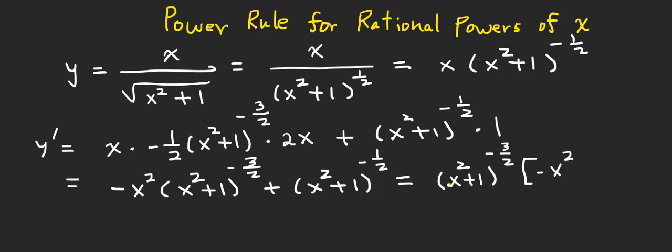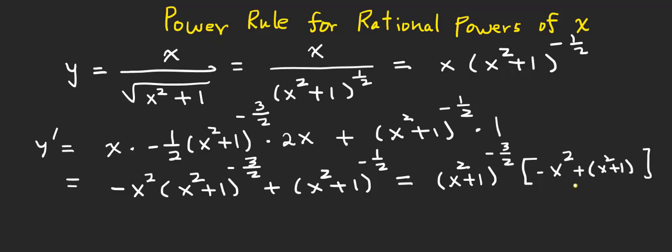And then this times what will give you this? Remember, when you multiply, you add up the exponents. So you end up getting x squared plus 1 to the power of 2 over 2, right? Negative 3 over 2 plus 2 over 2 is negative 1 over 2. But 2 over 2 is the same thing as 1, and you don't need to write 1 there.